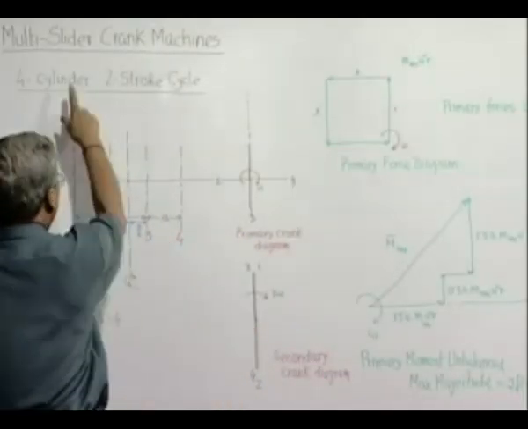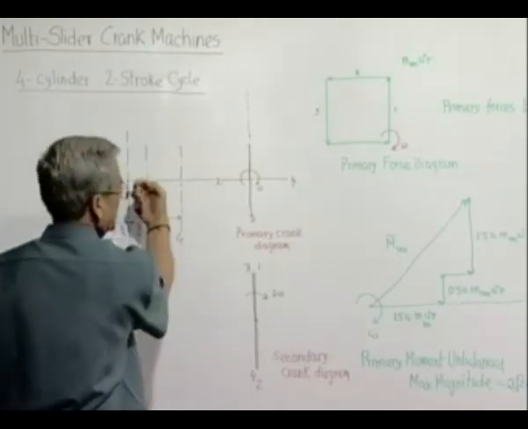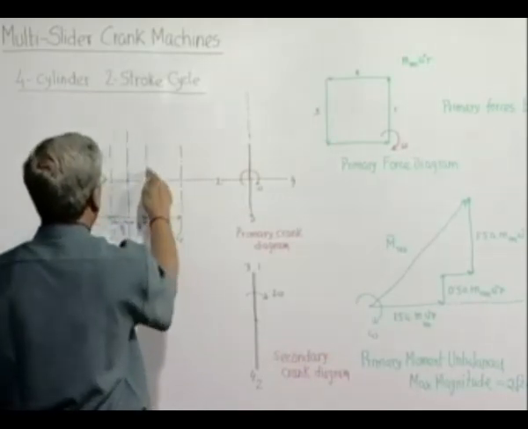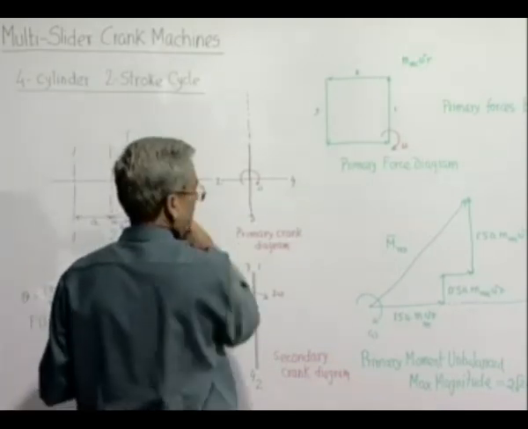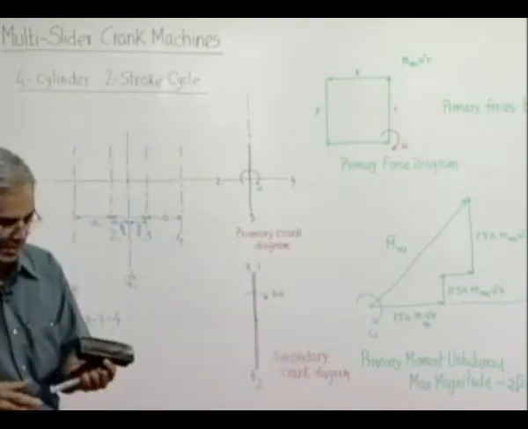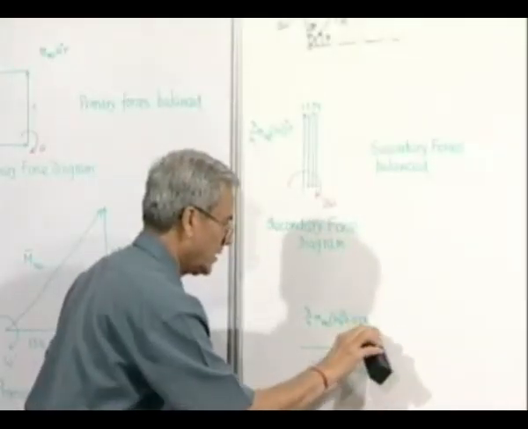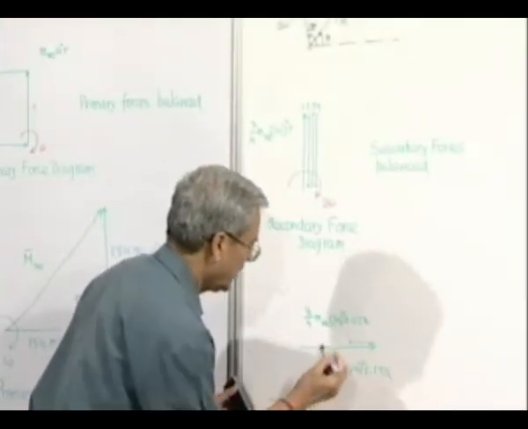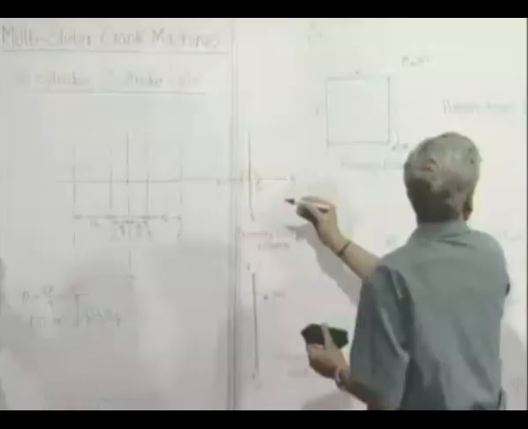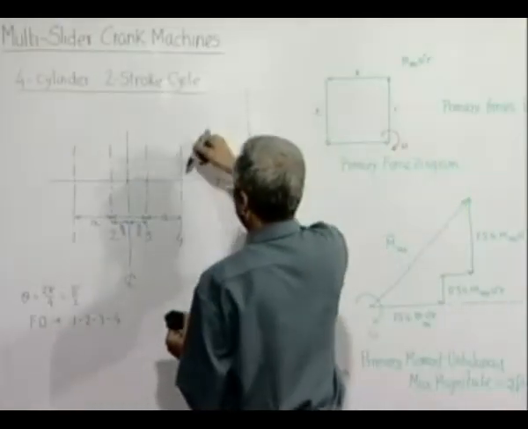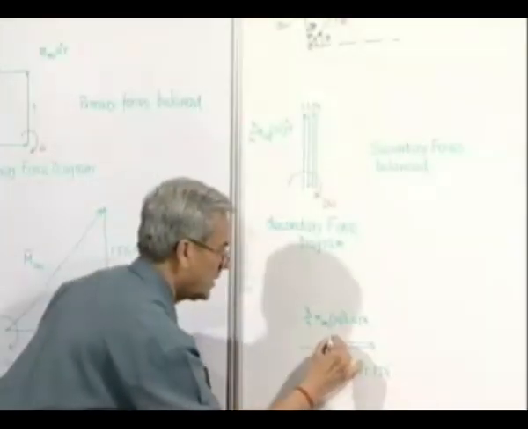This is producing a moment in this direction, this is producing a moment in this direction. Now this is in the upward direction, so that is also producing a moment in this direction. I think I was right. Now the fourth one is producing a force in this direction, which means it should go in the other direction.